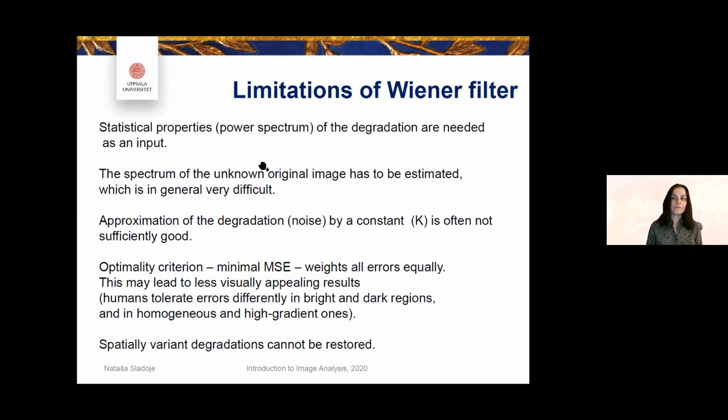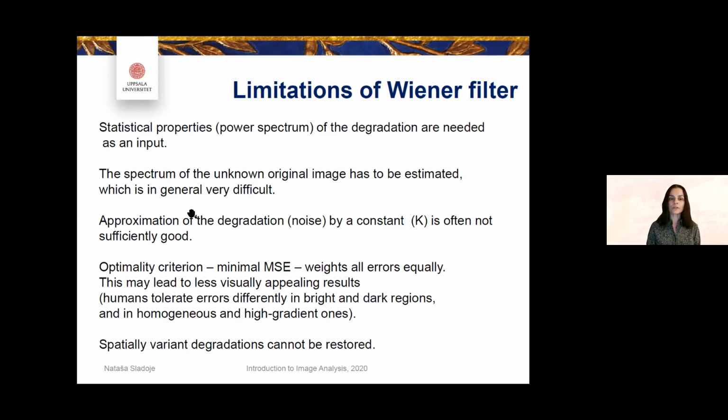So it uses information about noise, and it uses information about the original image itself, which is the main obstacle to practical application of the ideal Wiener filter.